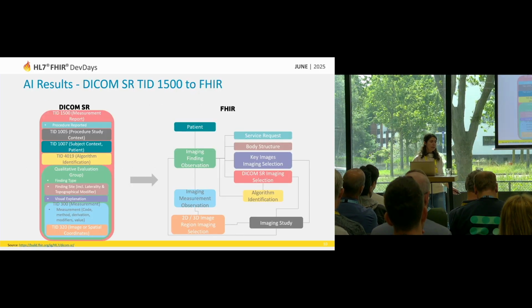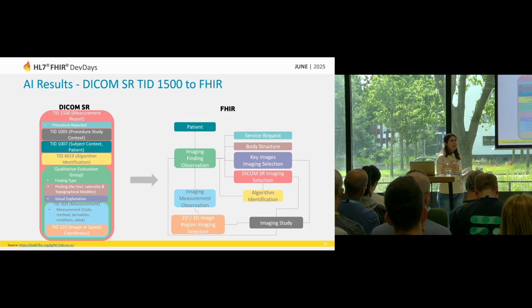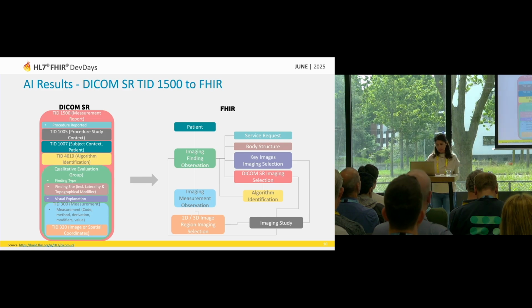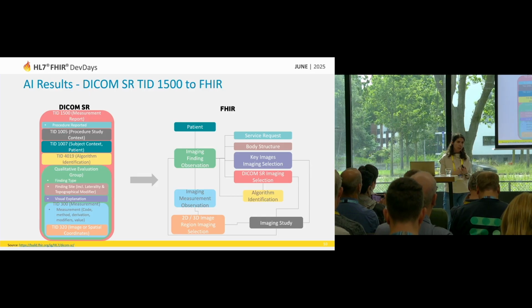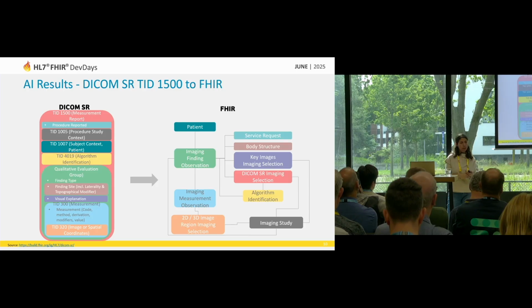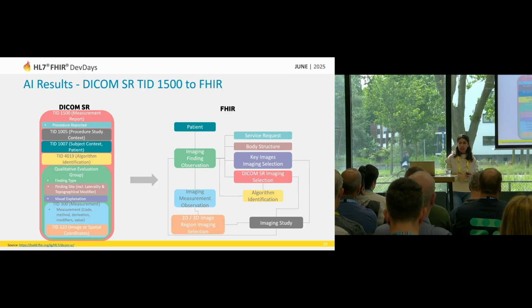I was telling you how to create a radiology finding. For me, it is irrelevant if this radiology finding has been created by a human being, or actually by a machine. There are specifications. So, for example, IHE is suggesting that when AI results are created, they should be captured in a DICOM structured report object.